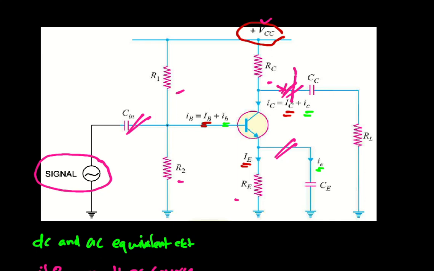Since there is no DC current flowing through the emitter bypass capacitor, we will open it here, and we will open the input capacitor also. Then the resulting circuit will resemble this. So this is the DC equivalent circuit of a common emitter transistor amplifier.